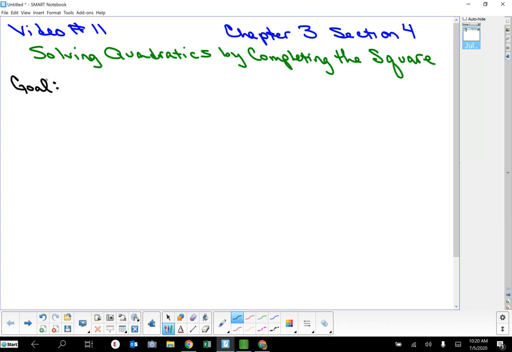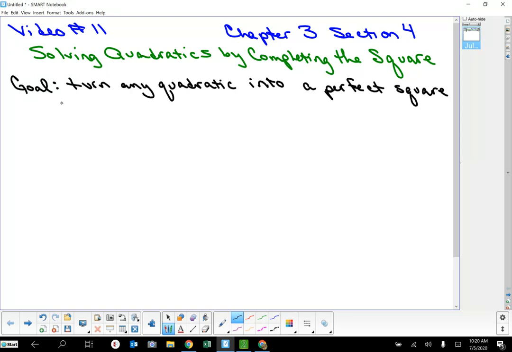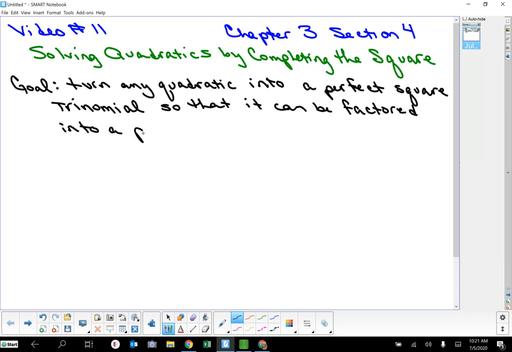Our first goal is to turn any quadratic into a perfect square trinomial so that it can be factored into a perfect square binomial. All right, so let's see how that's going to work.